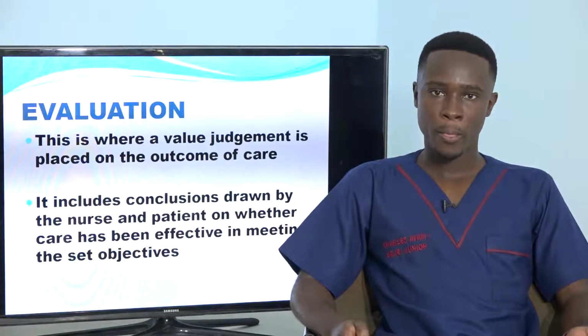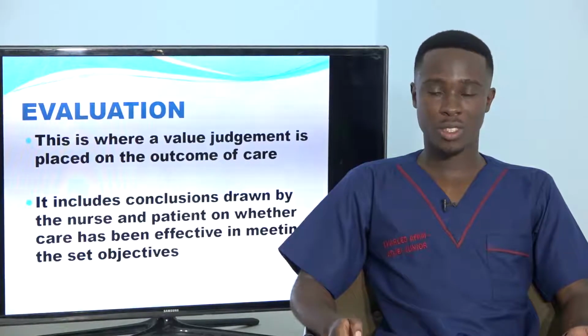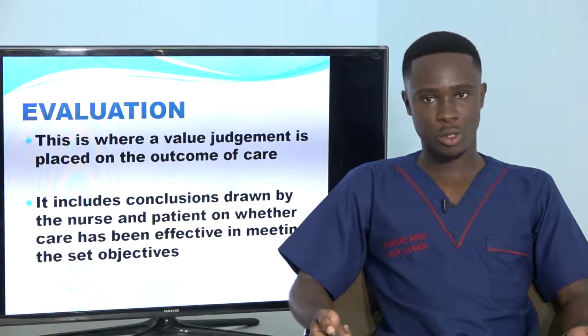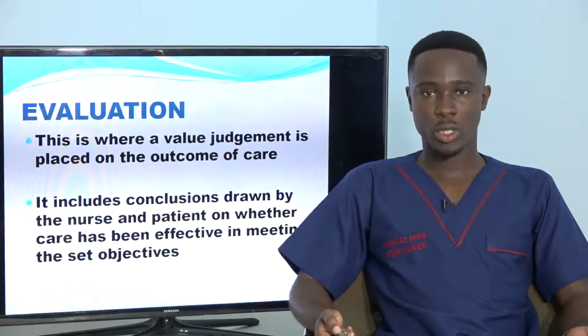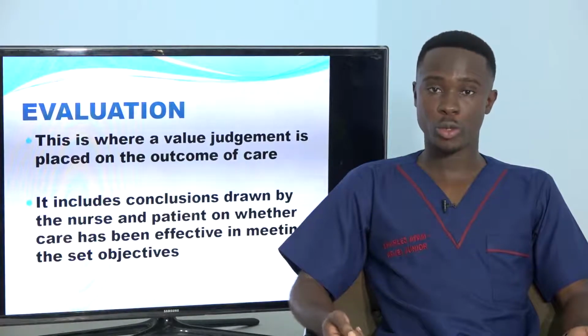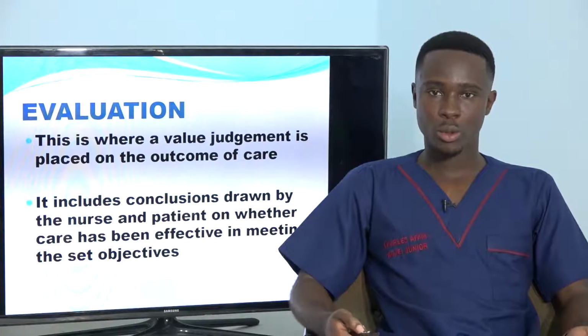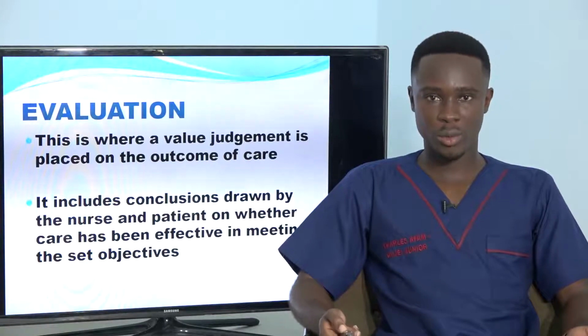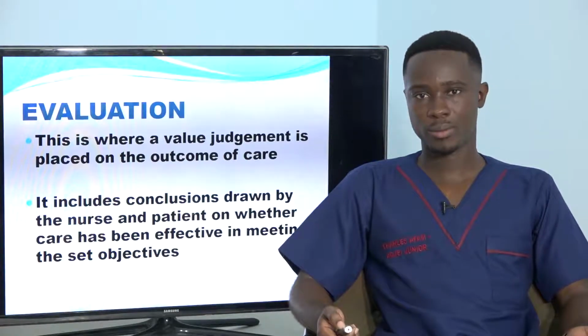So lastly, you would have evaluation. But before that, you would have date and time in the box, which I've already explained. The second date and time, which we'll be looking at, is the evaluation date, when you are going to evaluate. So with evaluation itself, it is where a value judgment is placed on the outcome of care.